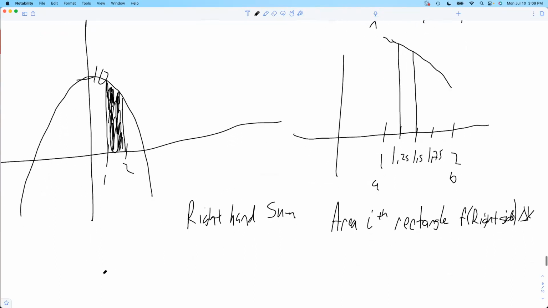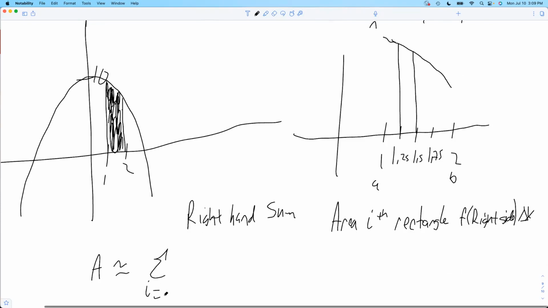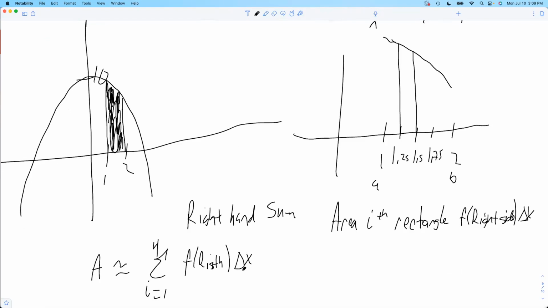Then my total area will be approximately equal to the sum from i equals 1 to 4. That's how many rectangles I said I had. f at the right side times delta x. Okay, let's write all those out.